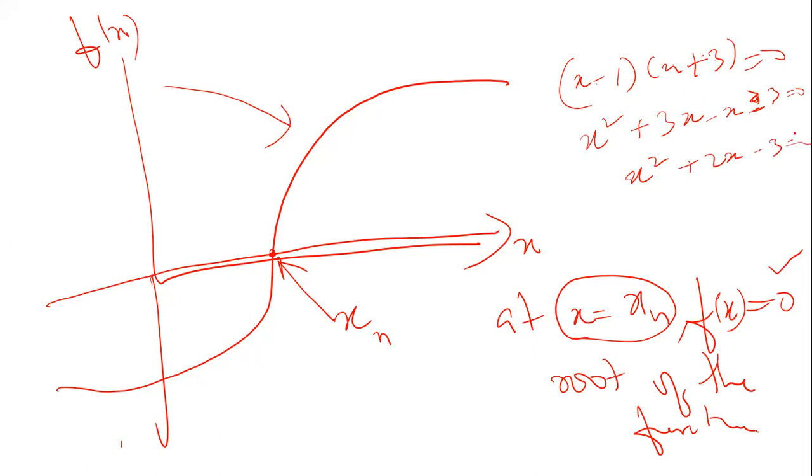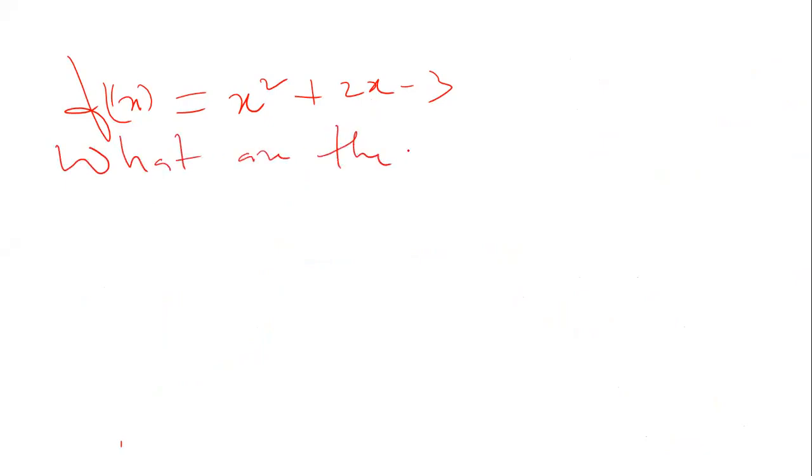All right, so suppose I have a function f(x) equal to x squared plus 2x minus 3. How do we find the roots? What are the roots of this function?